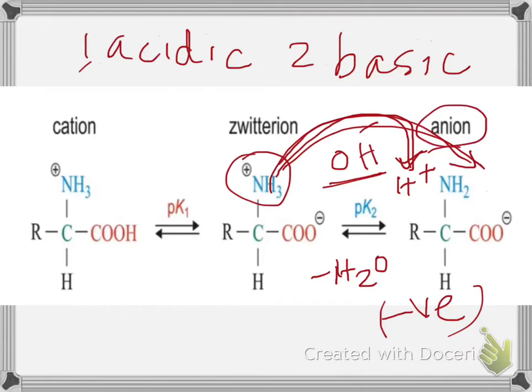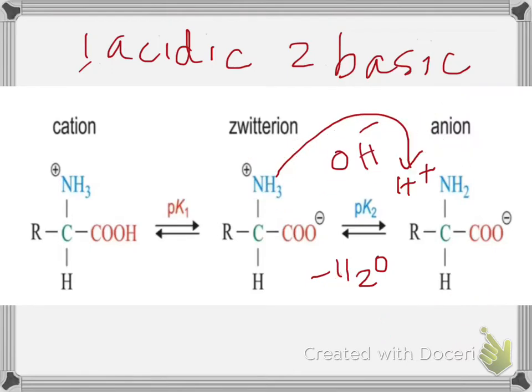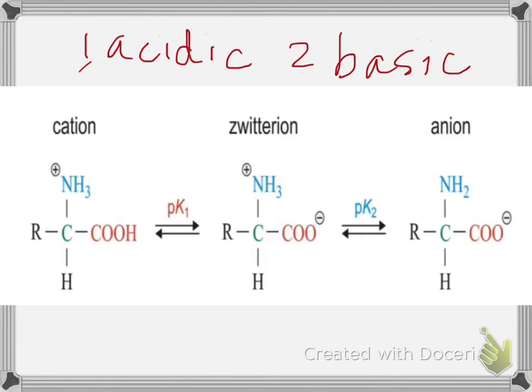So when we are doing the electrophoresis, this anion moves to the anode electrode, the positively charged anode electrode.